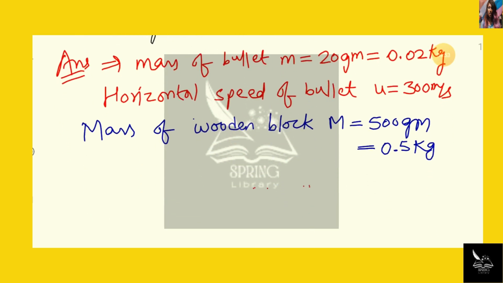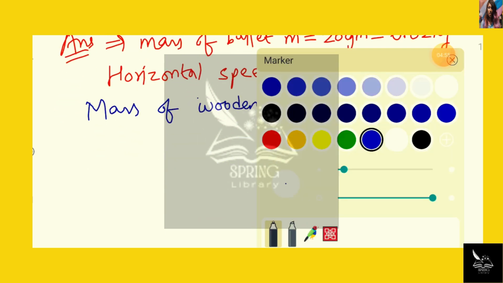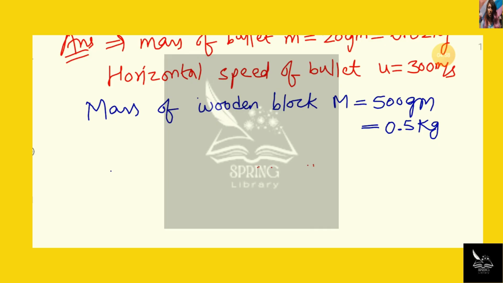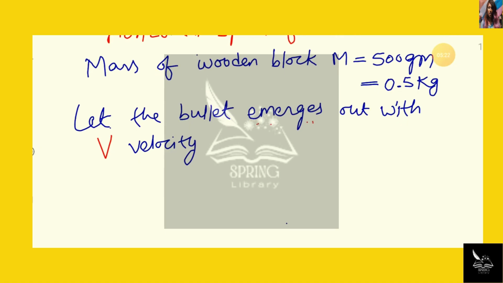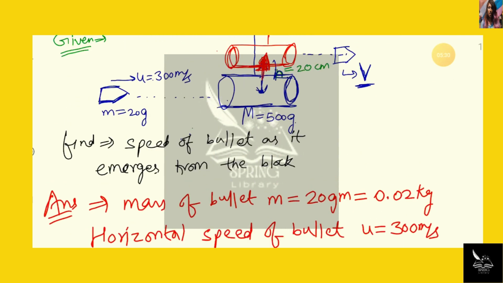I already considered that the bullet emerged out with an assumed velocity v. Also consider the velocity of the block after collision of the bullet with the wooden block.